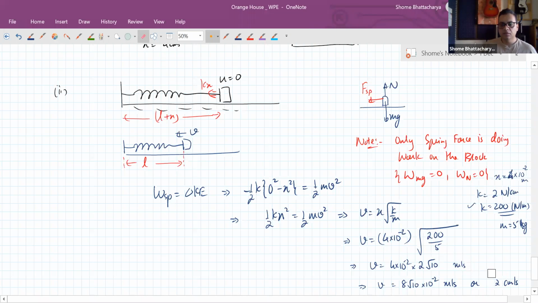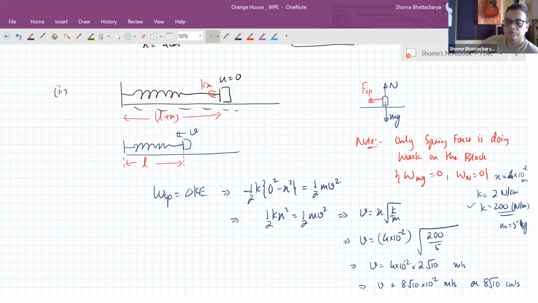So this is 8 root 10 centimeters per second. Okay, so hope this is clear.